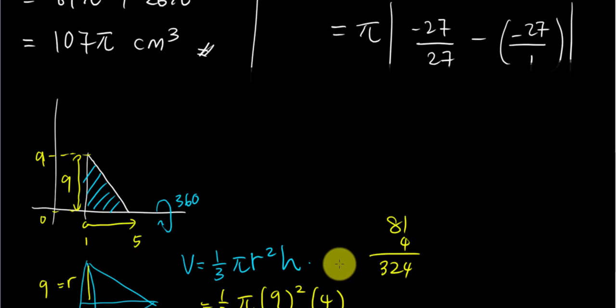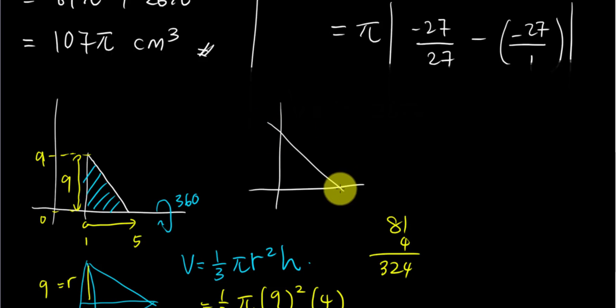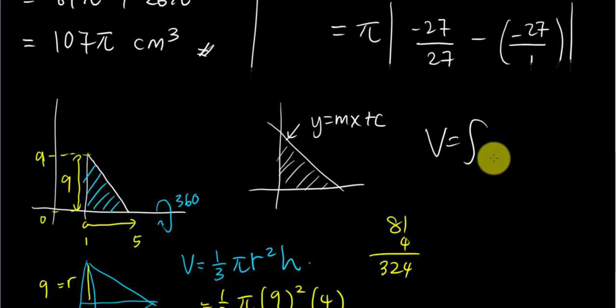Alright. At the same time, just a little bit extra before I end this video. If like this, you will get a triangle. In this case, you can actually integrate the straight line. If you have the straight line, let's say y equals mx plus c, you can find the volume by integrating the equation of the straight line. You use the same thing, which is pi. Leave the pi outside, and then this one will be y squared dx.